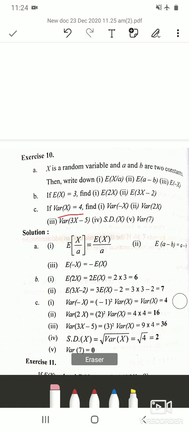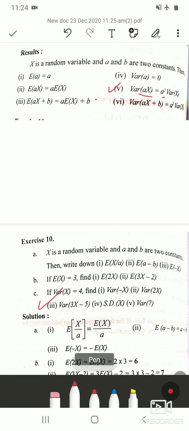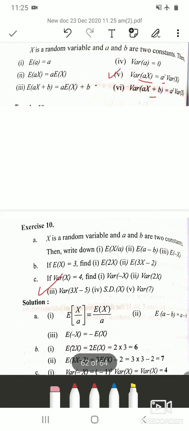So in C, the third sub question is variance of 3x minus 5. So again this is of the form variance of ax plus b. In case of addition there is subtraction. Therefore variance of ax minus b would be a square into variance of x.